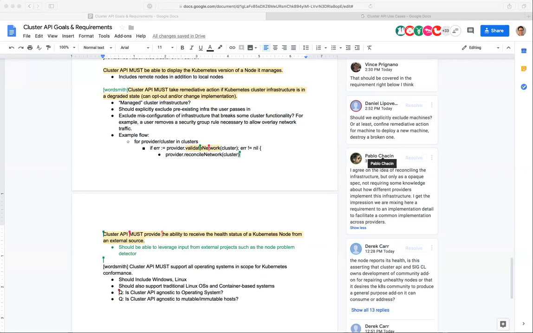So we need to be able to accept that kind of node health for that use case. But additionally, if I provision a cluster with Cluster API and it comes back and it says, here's your cluster, I should be able to inquire on that cluster as to the status of that cluster.